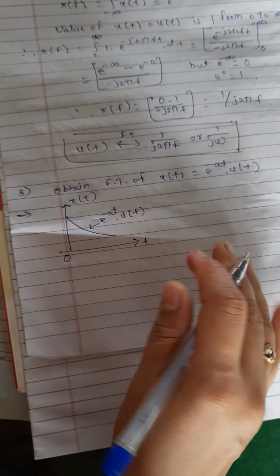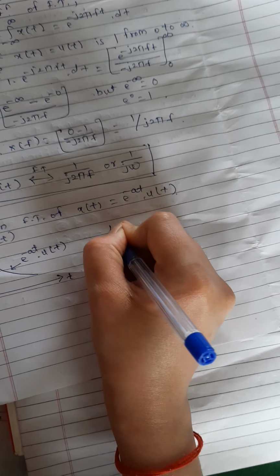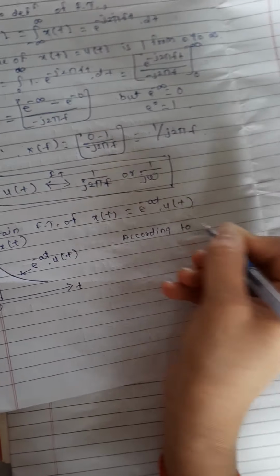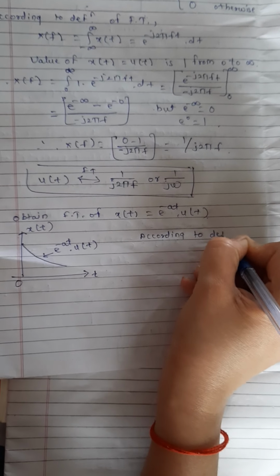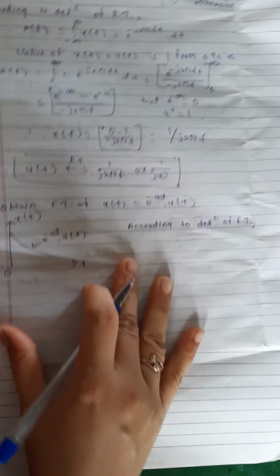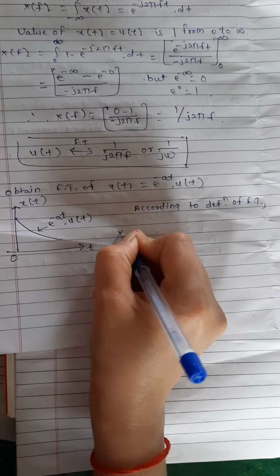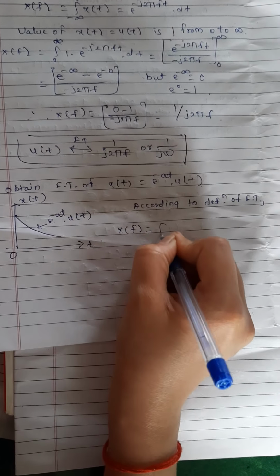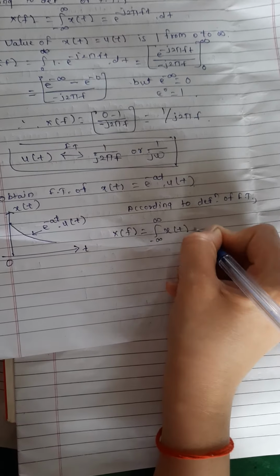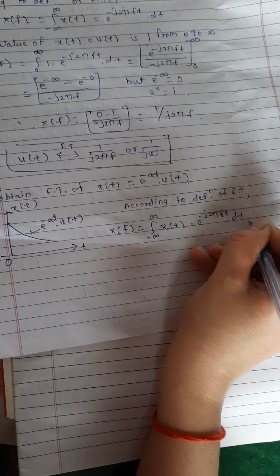This is 0. Now, according to the definition of Fourier transform, X of f is equal to the integral from minus infinity to infinity of x of t e raised to minus j 2 pi f t dt.